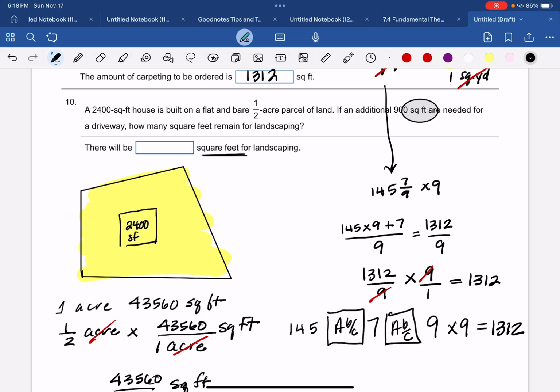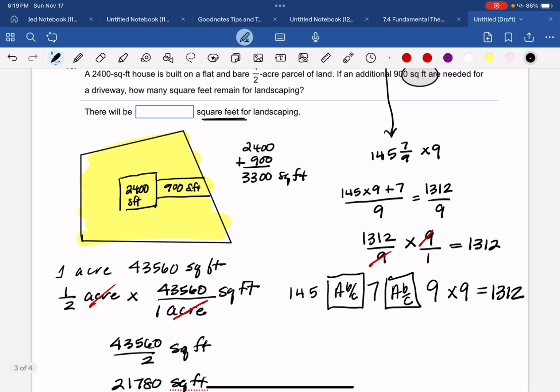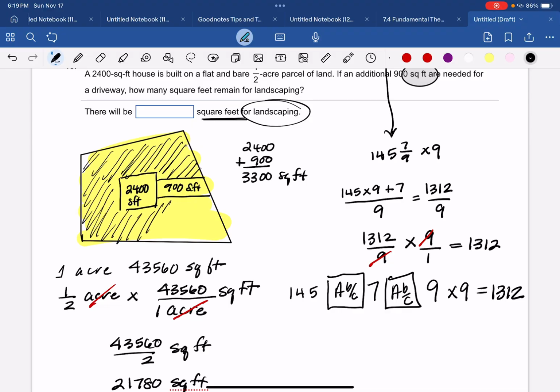And 900 square feet for a driveway. So let's put this right here. It's 900 square feet. Okay. And so we've used up 2,400 and 900. So that's 3,300 square feet. Now, basically what they're asking is, how much grass are we going to have to plant if we want to landscape all of this?